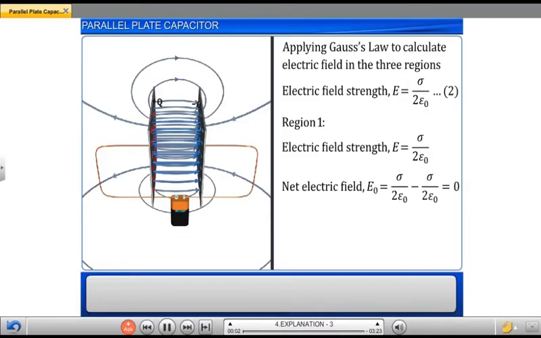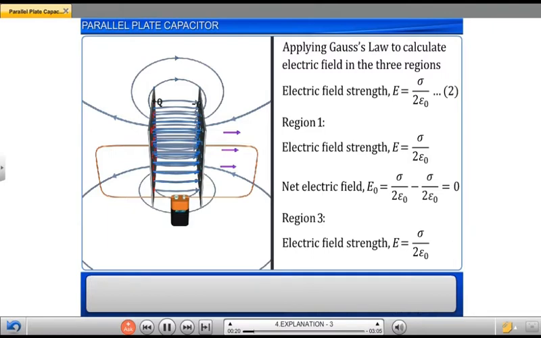Now let us look at region 3. In region 3, due to the positive plate of the capacitor, the electric field strength E is equal to sigma by 2 epsilon naught, directed away from the positive plate and towards the right.